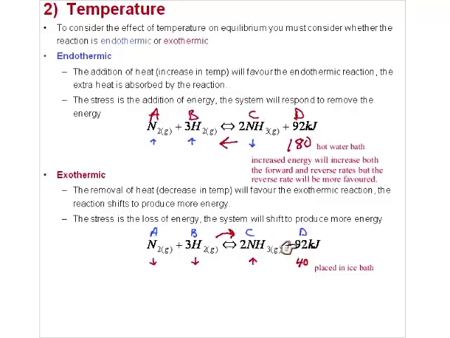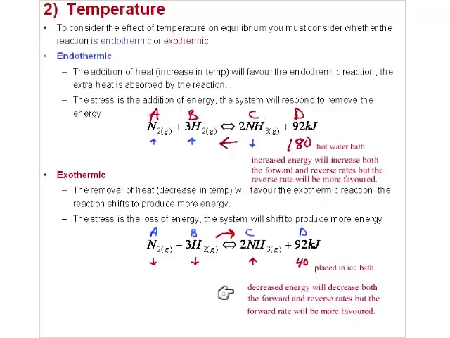I like to look at it from my ABC again. In this case, we made D tiny. We made the energy tinier. We're going to shift towards it to try and replace it. All right? So we're going to shift towards the energy drop. So two ways to look at it. And again, Le Chatelier would say the stress, all right, we made it small, we want to get it back up again.